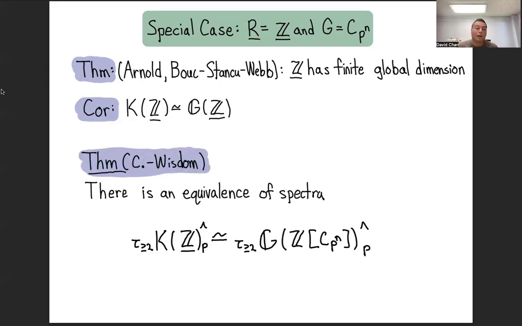Okay. So if you look at the spectral sequence and you look at the actual groups which are involved here, you can use this to come up with a computation of the K theory of Z, at least after P completion. And so the tau greater than 2 means take a second connective cover. Right, there's just a map.